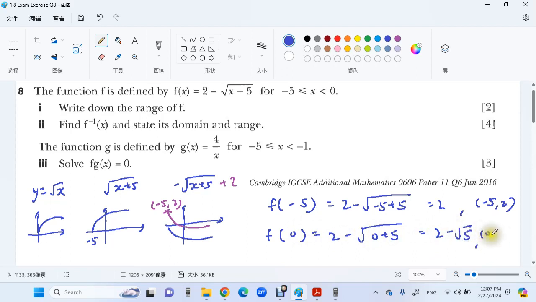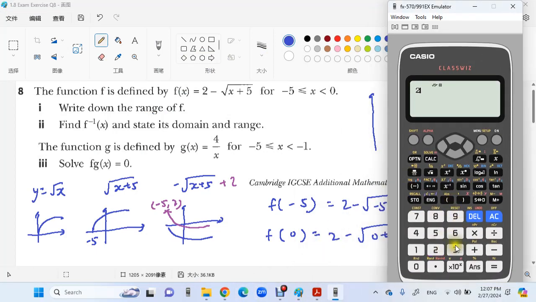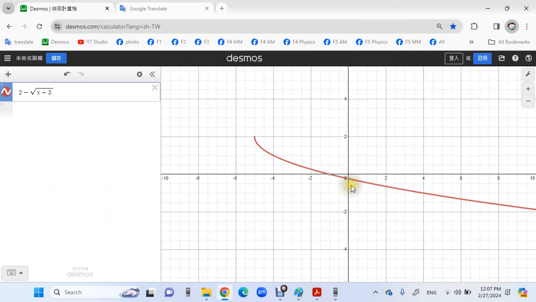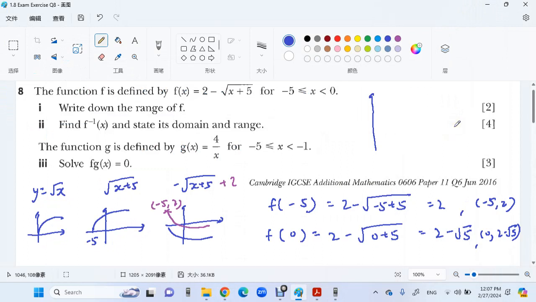So we have the 0, 2 minus square root 5. So 2 minus square root 5 is a negative value here. So the graph for this one is somewhere we have the 2 minus square root 5 here. It is negative 0.236 here. Yes. Okay. So the graph will look like this.